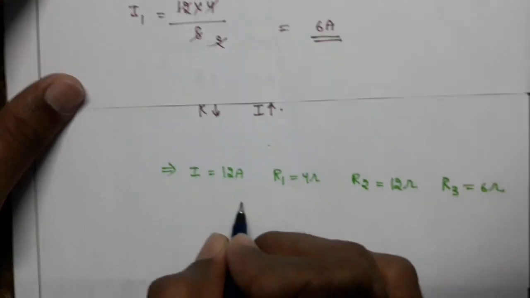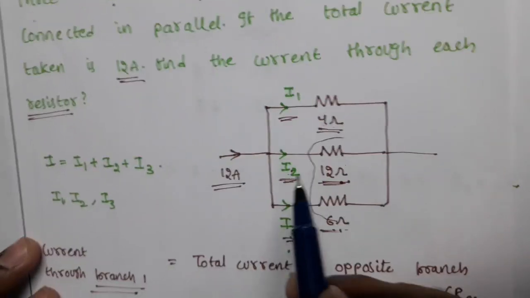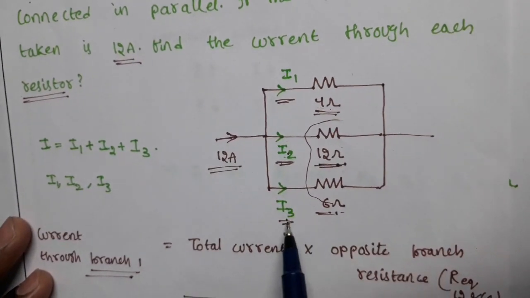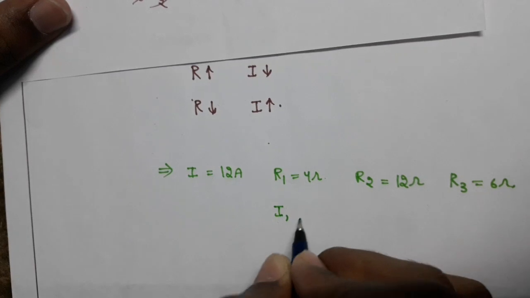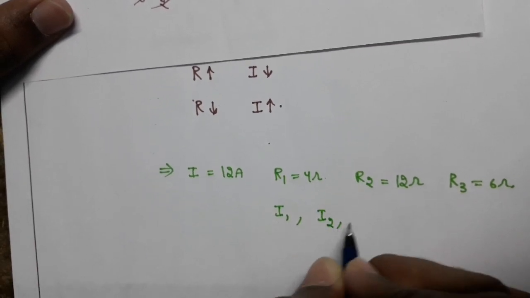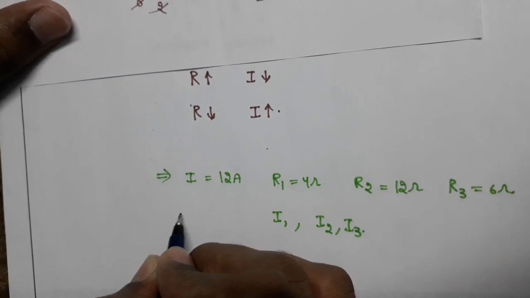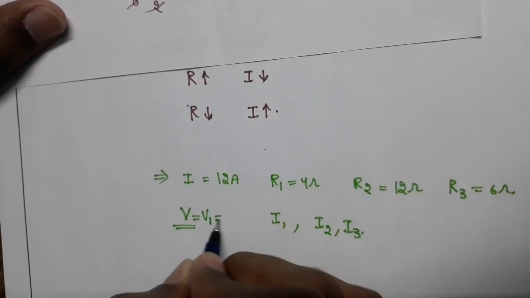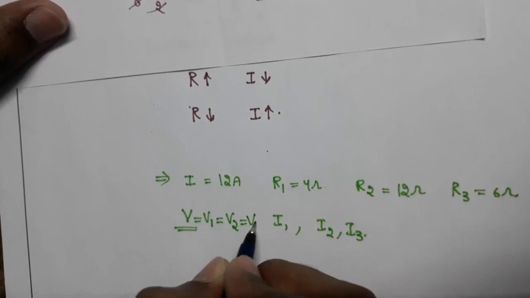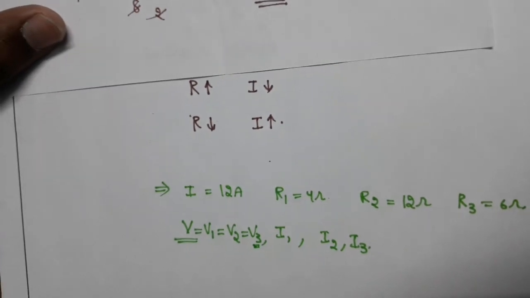We have assumed branch 1 current as I1, branch 2 current as I2 and branch 3 current as I3, whereas voltage across each element is same. So V equal to V1 equal to V2 equal to V3. As we have three branches, I am taking maximum of 3.